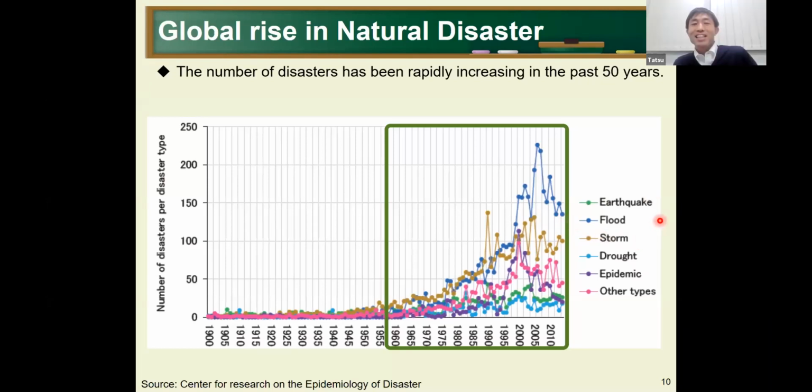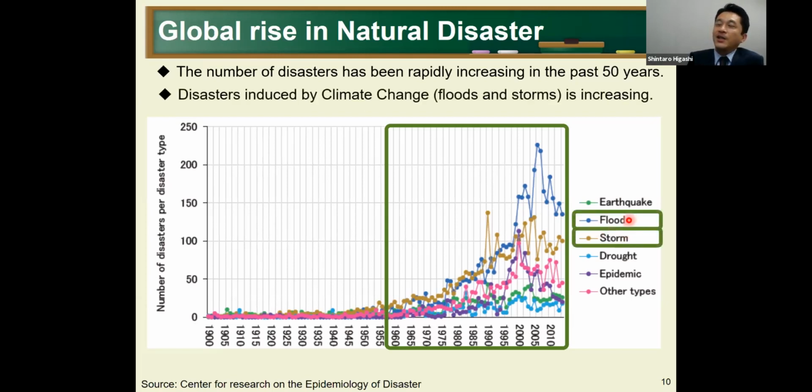The disasters related to water are increasing. I agree with Tatsu-san, and I think it is related to climate change. Okay, excellent. The number of disasters is increasing in 50 years due to climate change, especially, you can see the steep rise in flood and storm, and that is related to water. The increase in this number might be due to climate change.